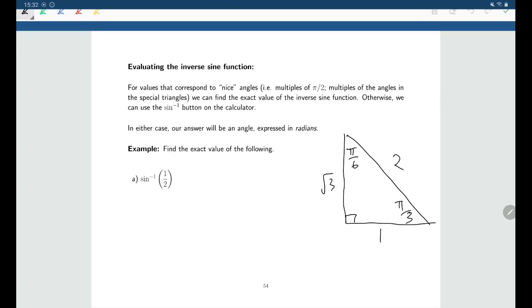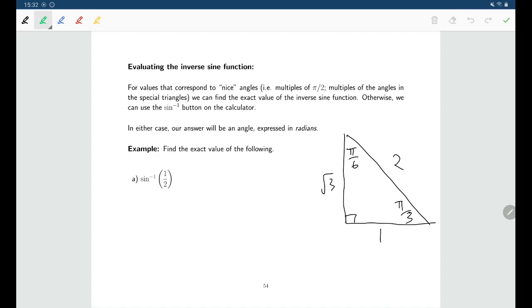So one thing that we can see here would be if you were thinking about the angle pi over 6, sine of pi over 6 would be opposite over hypotenuse, or a half. So we know that sine of pi over 6 is a half, and so that means sine inverse of a half should be pi over 6.